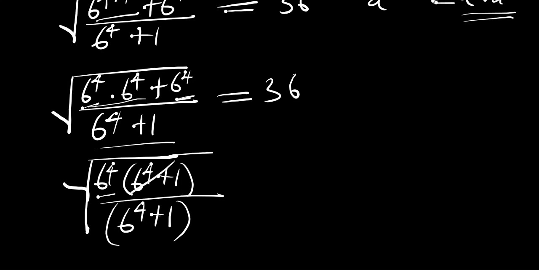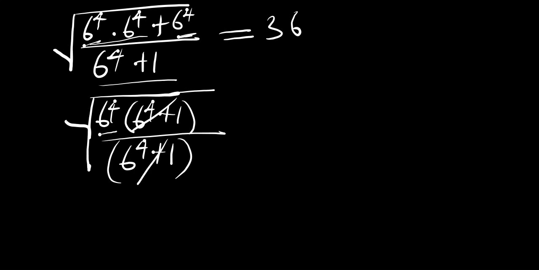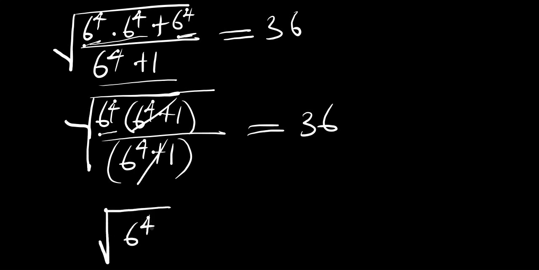So this can cancel this. So what we have left is, remember this is equating 36. What we have left is simply the square root of 6 to the power of 4. And we are finding if this will give us 36.